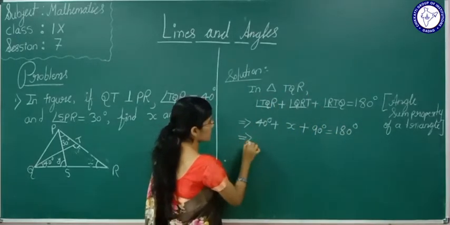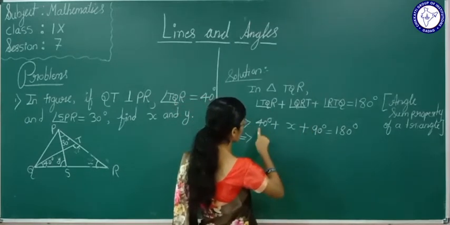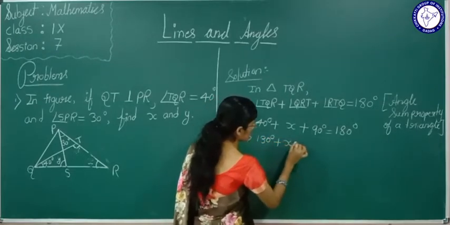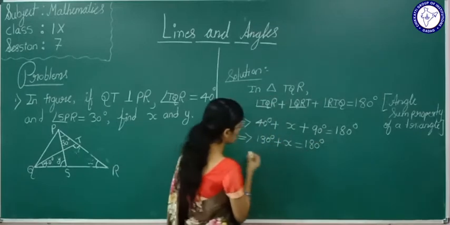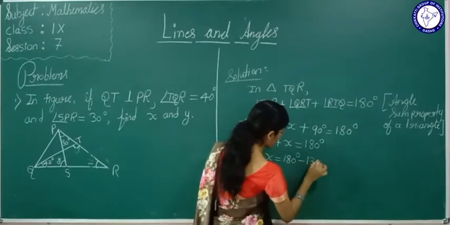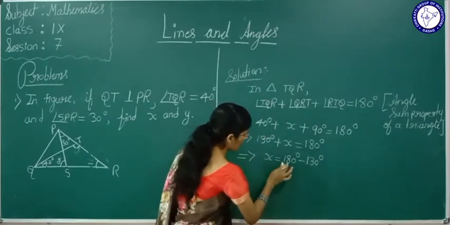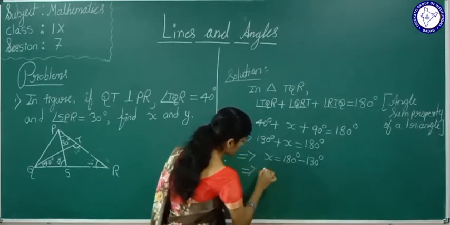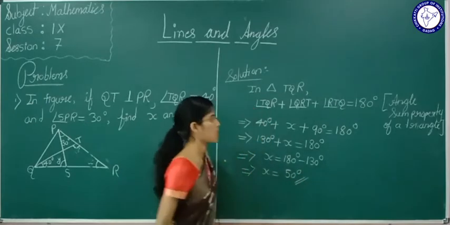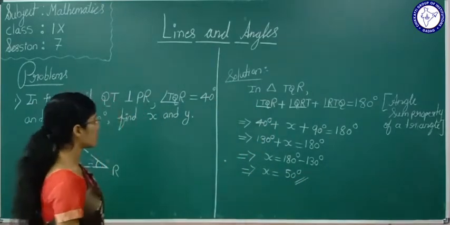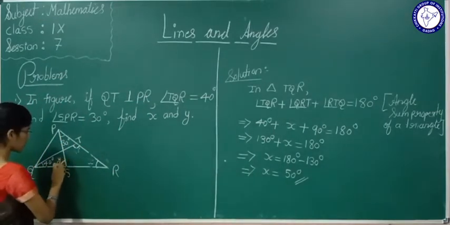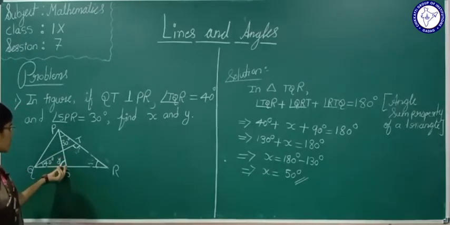Now we will simplify this. 90 plus 40 is 130. 130 degrees plus x is equal to 180 degrees. So x is equal to 180 degrees minus 130 degrees, which implies x is equal to 50 degrees. We got the value of x. Now we have to find the value of y.